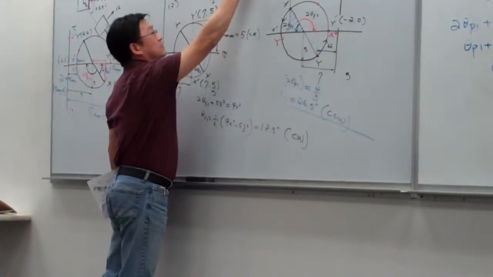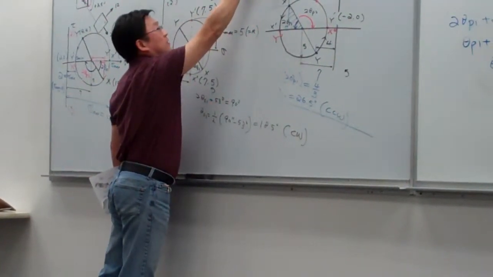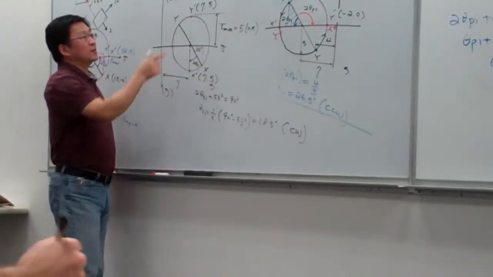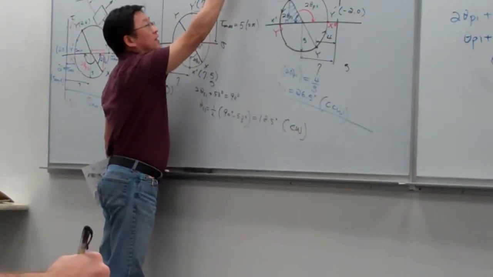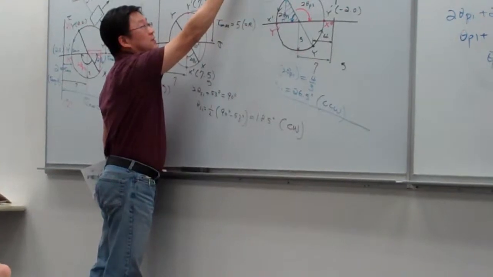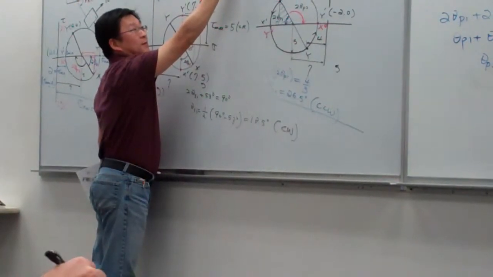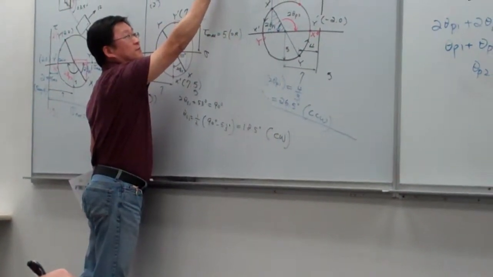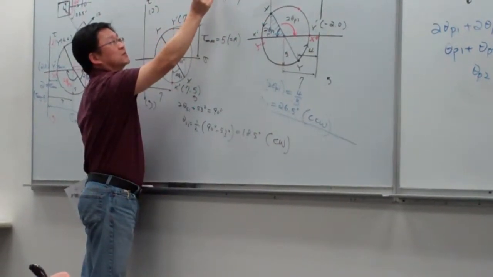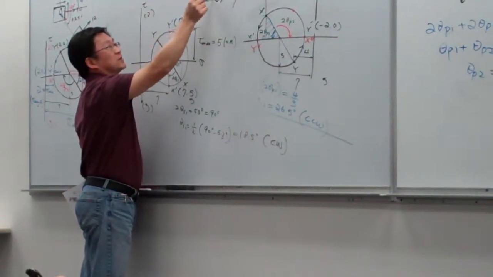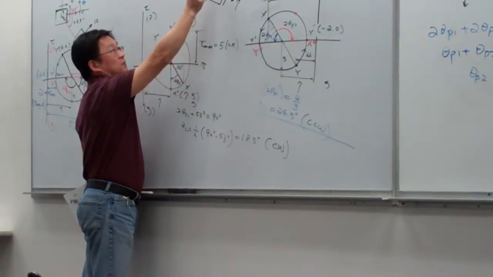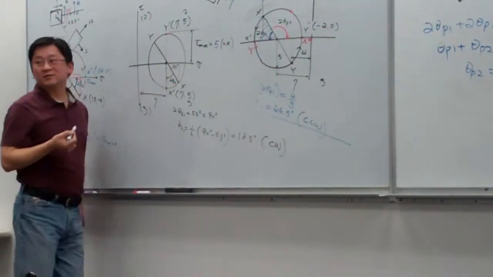That is 7, normal stress, positive, and the shear stress is 5. Again, which way is the shear stress? This way, because this way has a tendency to rotate the stress element about the origin in the clockwise direction, like this.